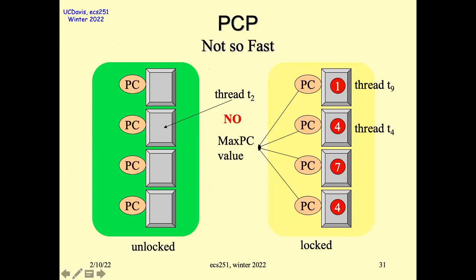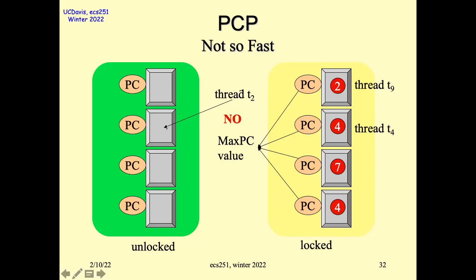It's probably better. In this case, this one is yellow. The priority ceiling is 1. It's currently being locked by thread number T4.